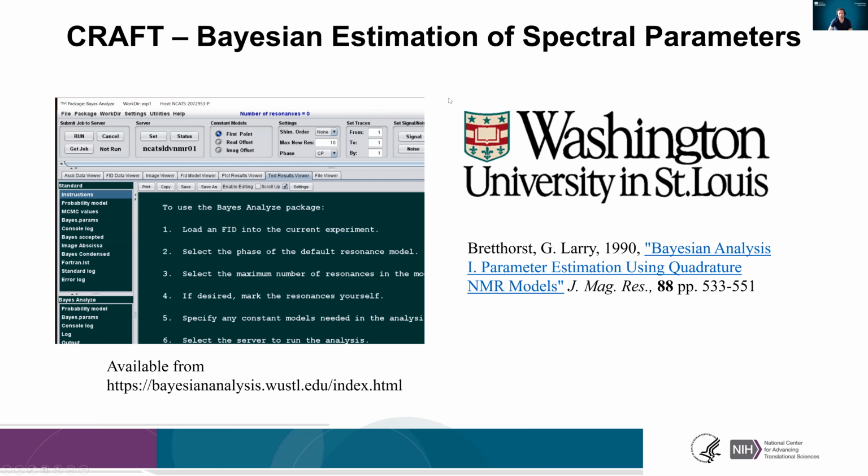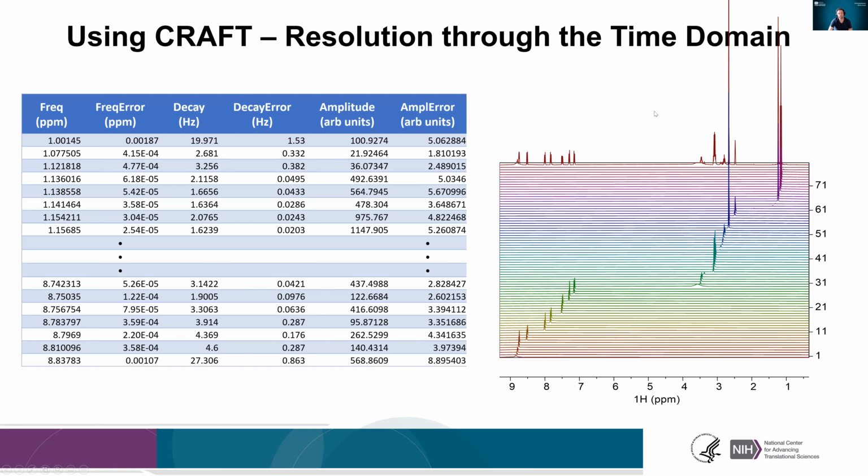From that, like I mentioned, you can take a spectrum and break it down into frequencies. You can get estimates of the errors of how it estimates the frequencies, the decay, which is a measure of how broad the peaks are, its amplitude, and also its phase. I don't have the phase showing.